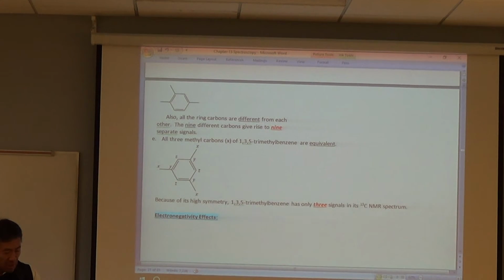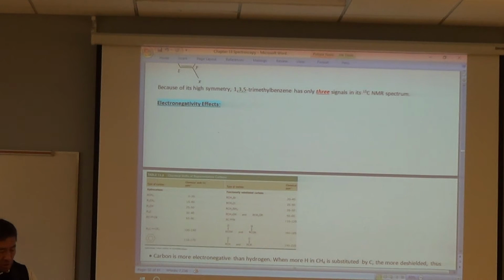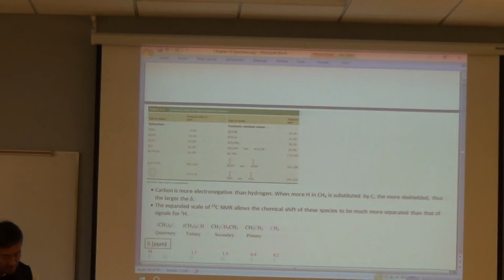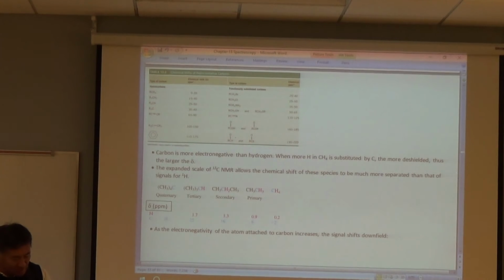The electronegativity effect on the chemical shift for the carbon-13 NMR is the same as for the proton NMR. So therefore, you will see that if you are more deshielded, you will have more downfield.